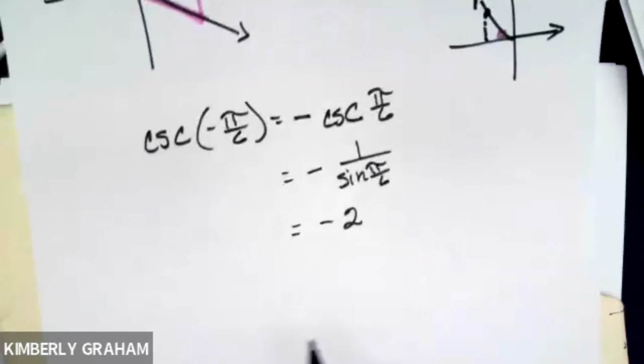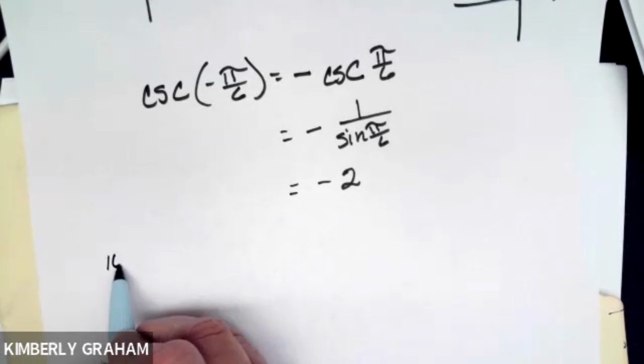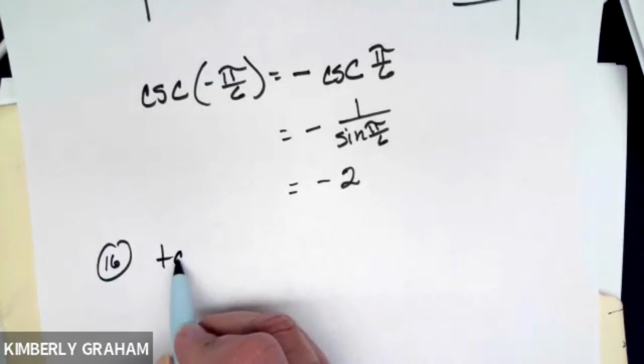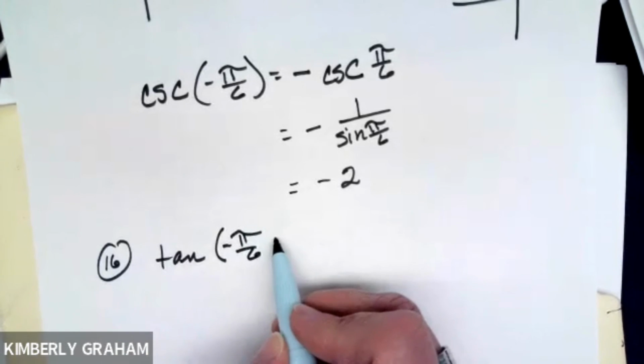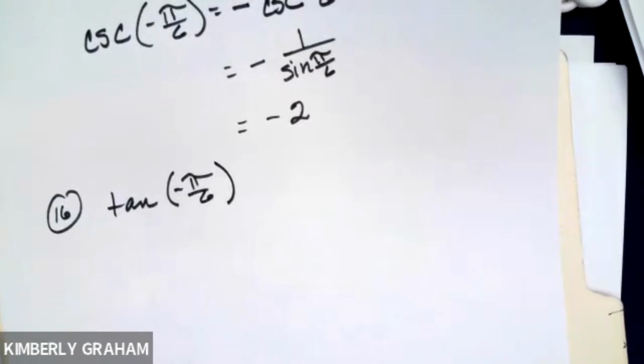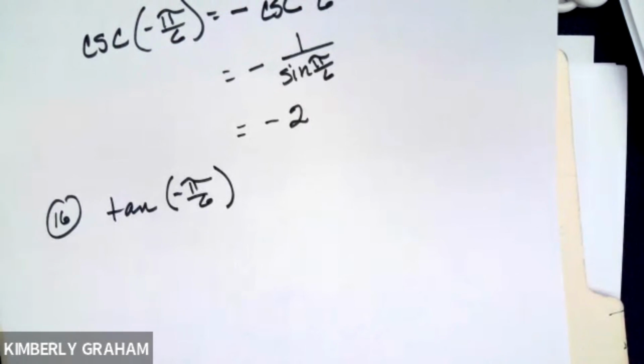Okay, so the next problem I want y'all to try on your own here is the tangent of negative pi over 6. I think that's 16 on your handout.